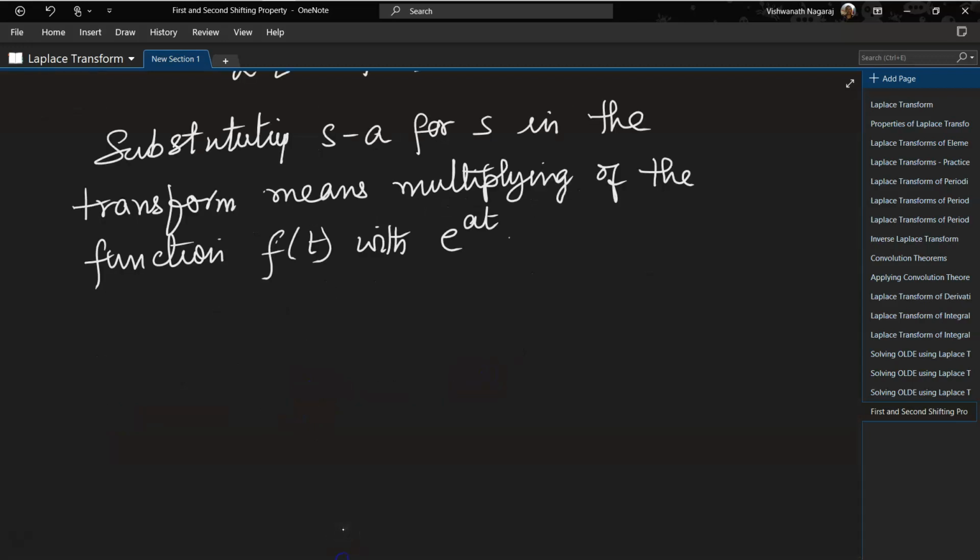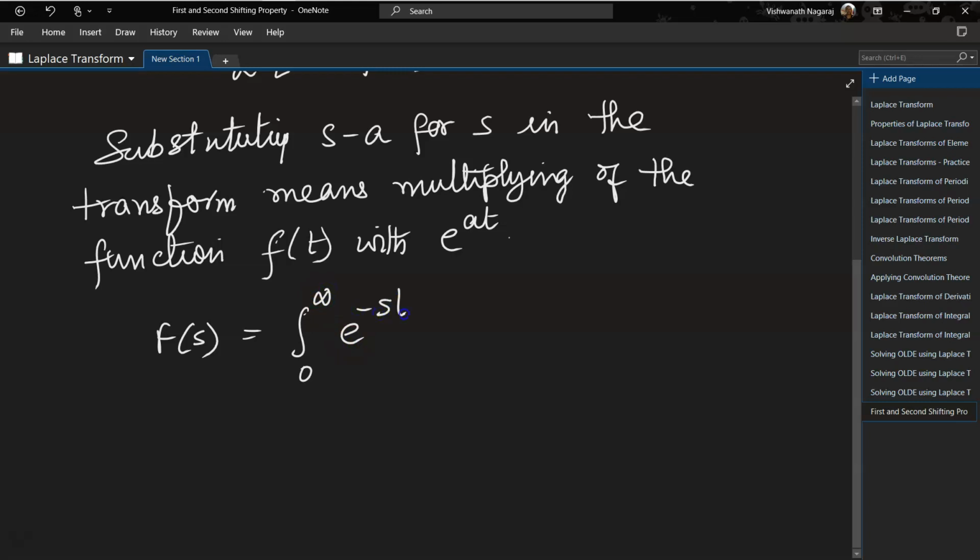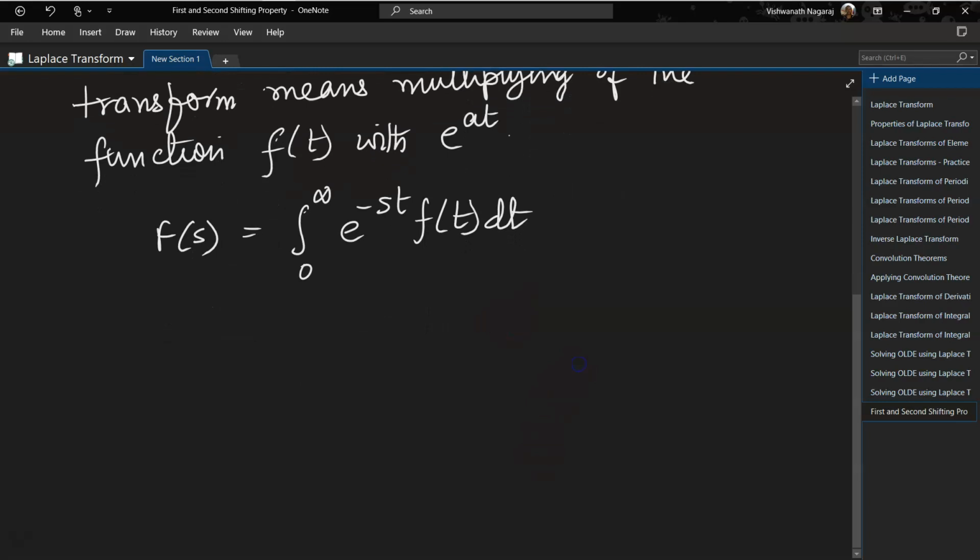So let's very quickly prove this. We know capital F of s is equal to the integral from 0 to infinity of e to the power of minus st f of t dt. Yes, this is very clear to us. Now let's substitute s by s minus a.